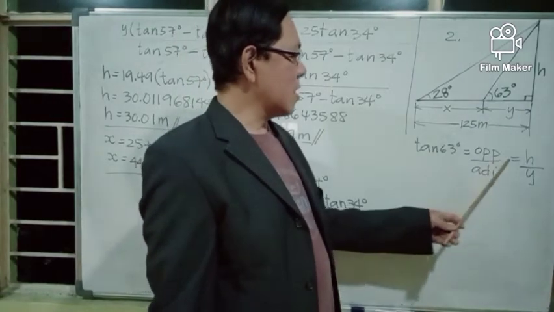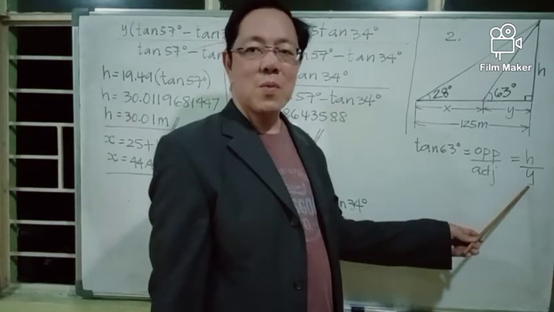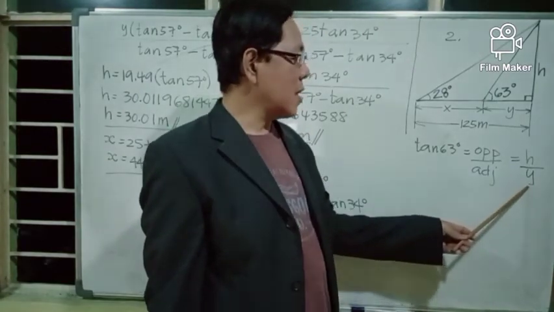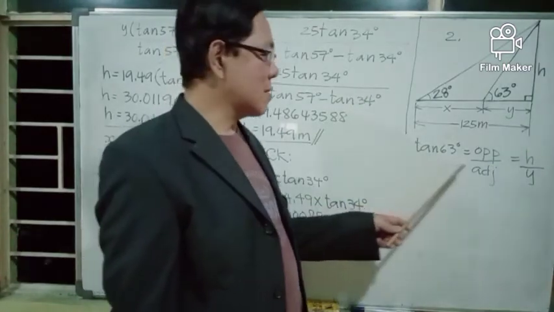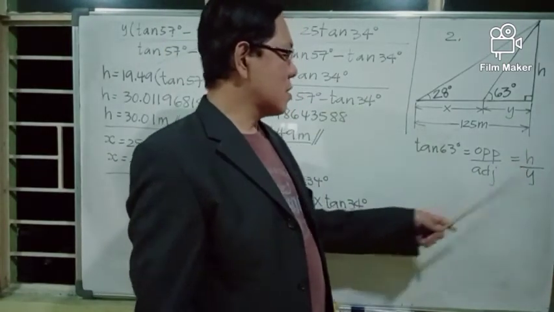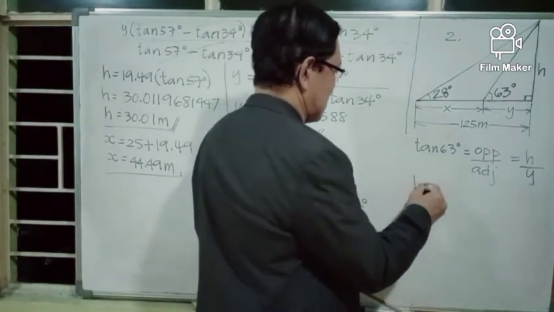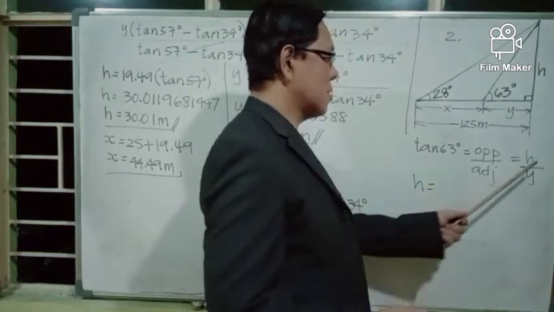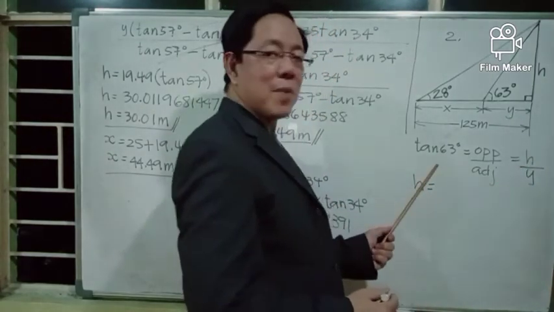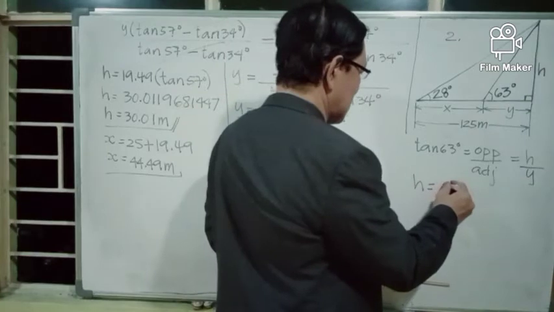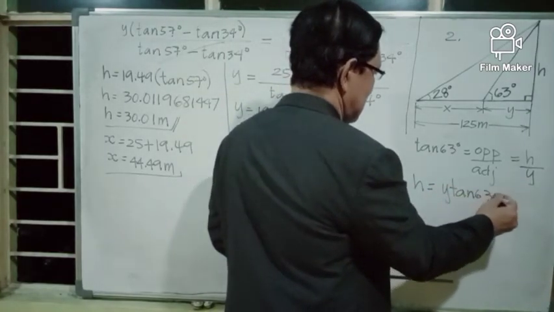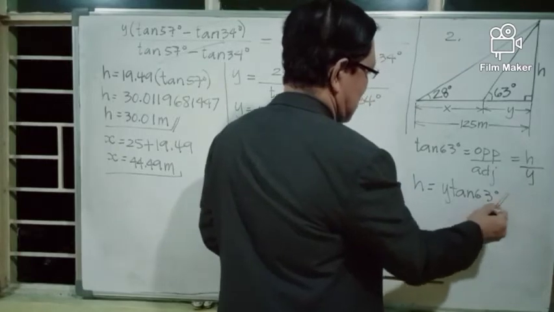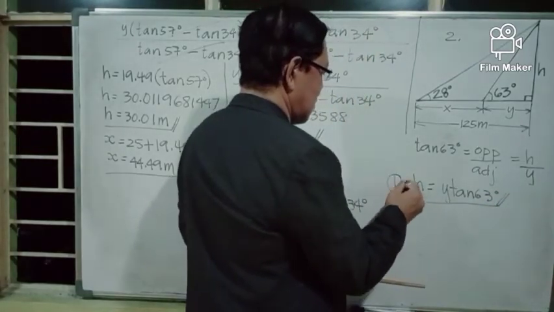Tangent 63 equals h over y. We solve for h by multiplying by y. Therefore, h equals y multiplied by tangent of 63 degrees. And we call this equation 1.